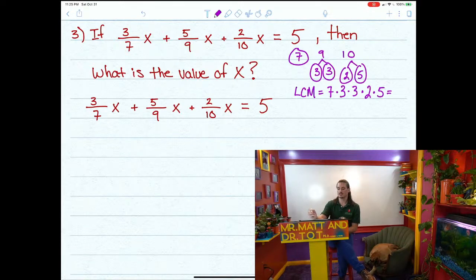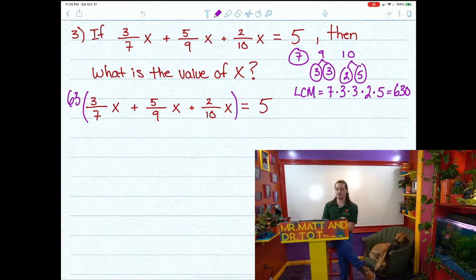So if I multiply on both sides by 630, that will reduce this problem greatly, because I'm not going to have all these complex fractions that I would need common denominators for, and then add up all the numerators. So let's get rid of all of these. I'm going to make sure that I apply the 630 to each of the fractions in the parentheses.